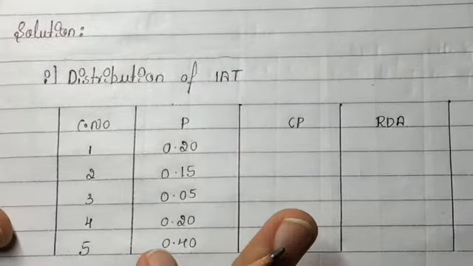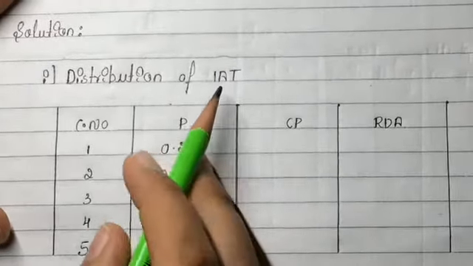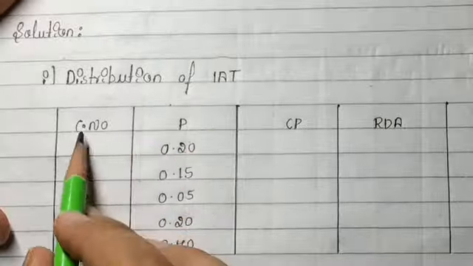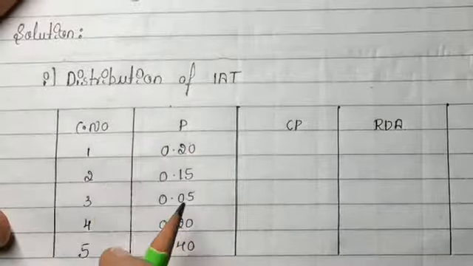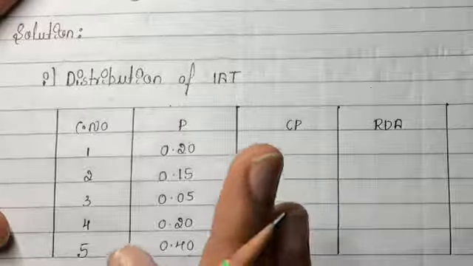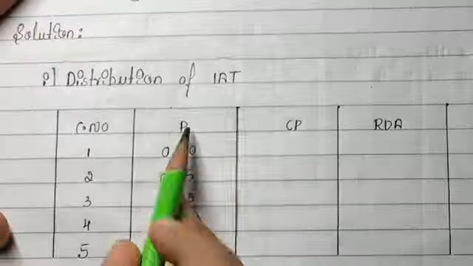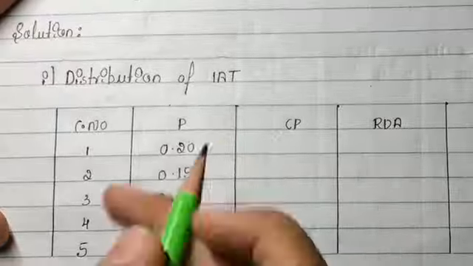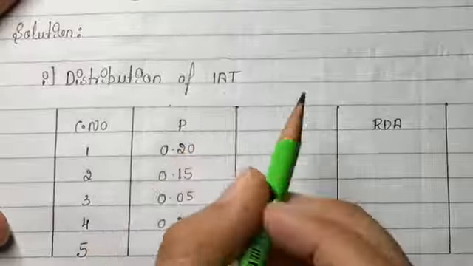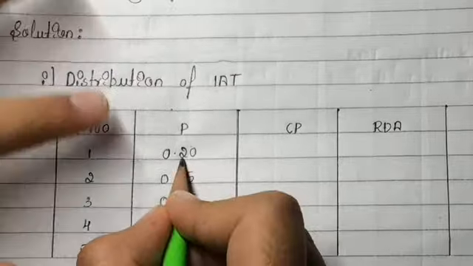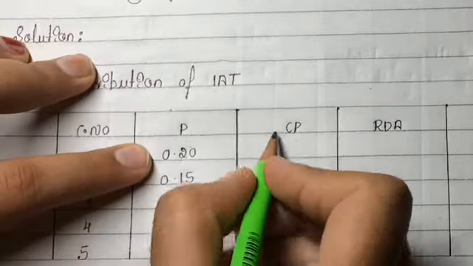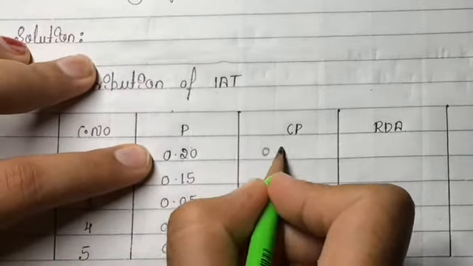Here is the first step in the solution, that is the distribution of inter-arrival time. The customer numbers can be known from the question, and the probability is also given in the question. Now the cumulative probability. The first probability value is equal to the cumulative probability value, so keep it as it is.